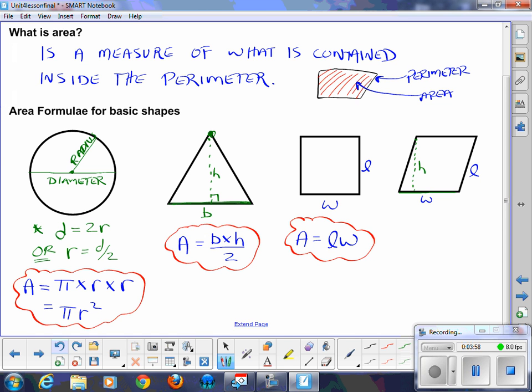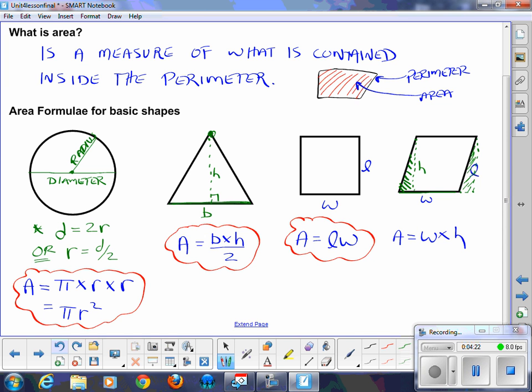If we were to color in that area, make it green, and I take that area and I plant it over here, what we would find is that after cutting it off one side, adding it together, we end up with a square again, or a rectangle. However, the L is no good to us. We need to know that H. So the area of a parallelogram will be width times height.